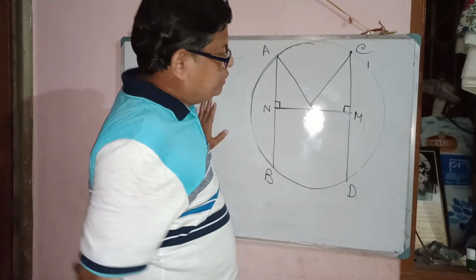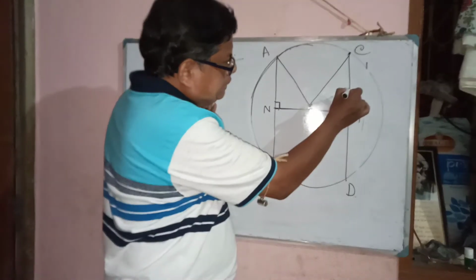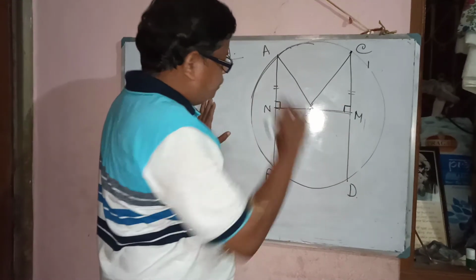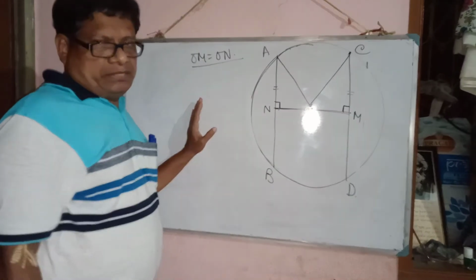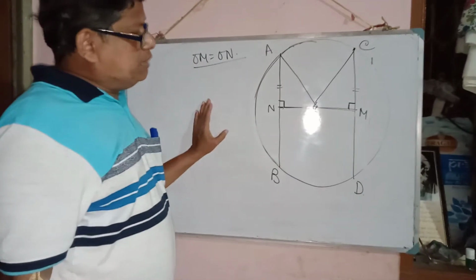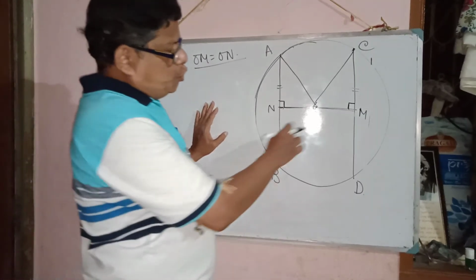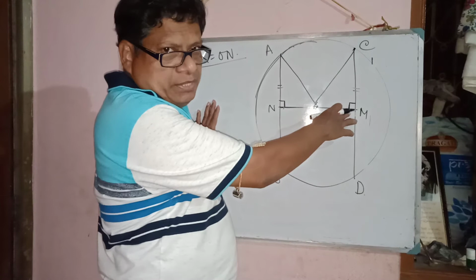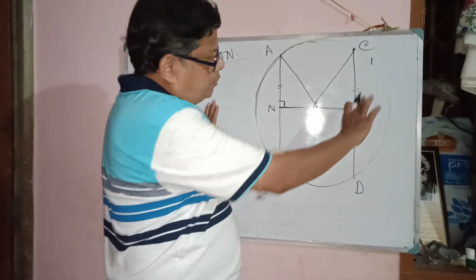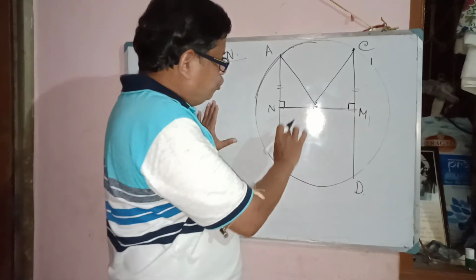How to prove congruent? Why is CM equal to AN? Because this is perpendicular, so it will bisect the chord.